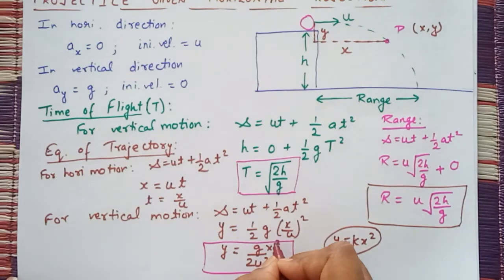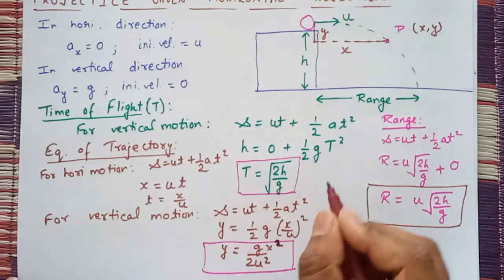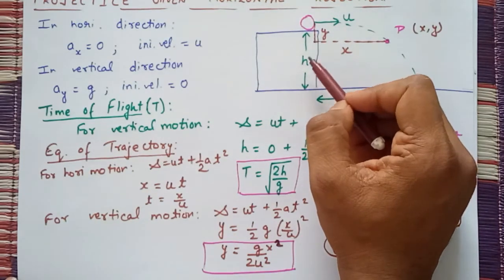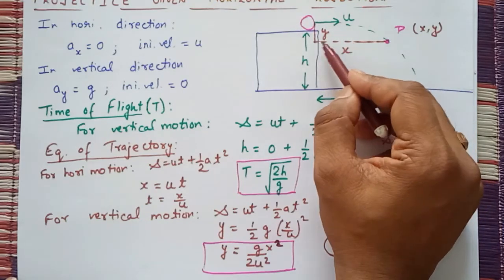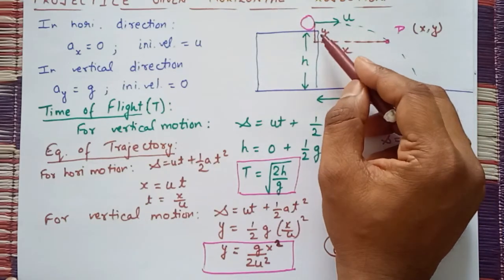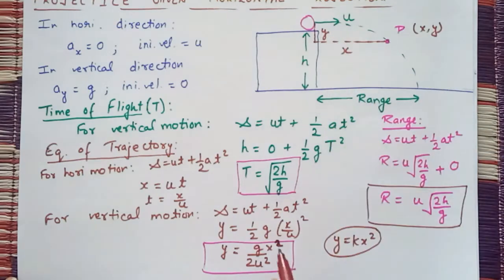And if a question is given that we have thrown a projectile from some height, and when it has covered 5 meter in the horizontal direction, how much has it covered in the vertical direction, then simply we will put the value of x and we will get the value of y. u will be given in the question, and g is small g, that is 9.8 or 10 meter per second square according to the given question.